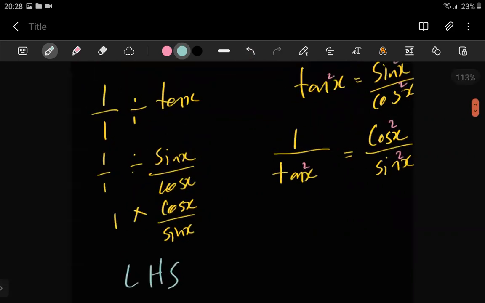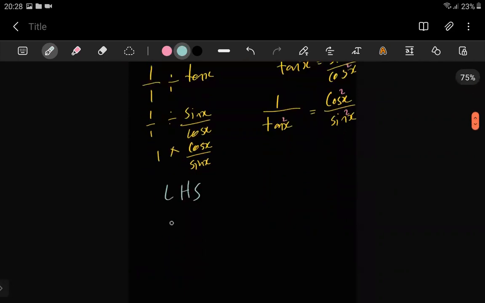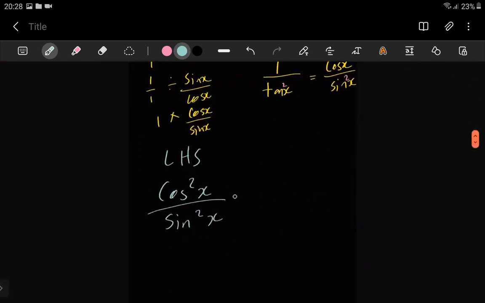On the left-hand side, we're going to change this to cos squared x over sin squared x minus cos squared x. This is over 1, because this is a fraction. The fortunate thing is this is going to be straightforward, because we want an LCD, so here we'll multiply by sin squared x over sin squared x.